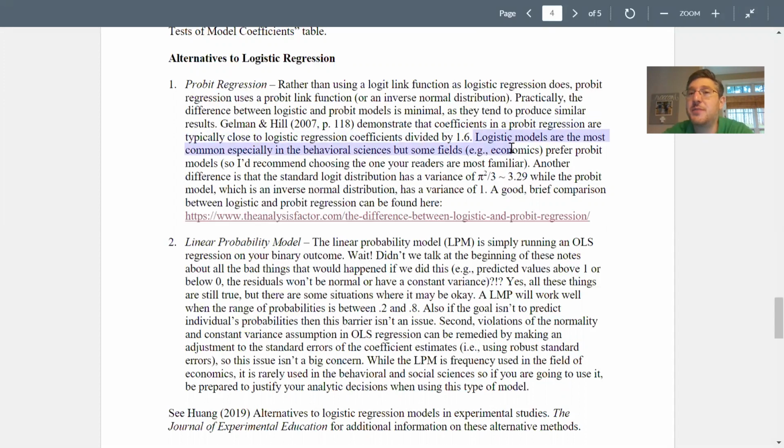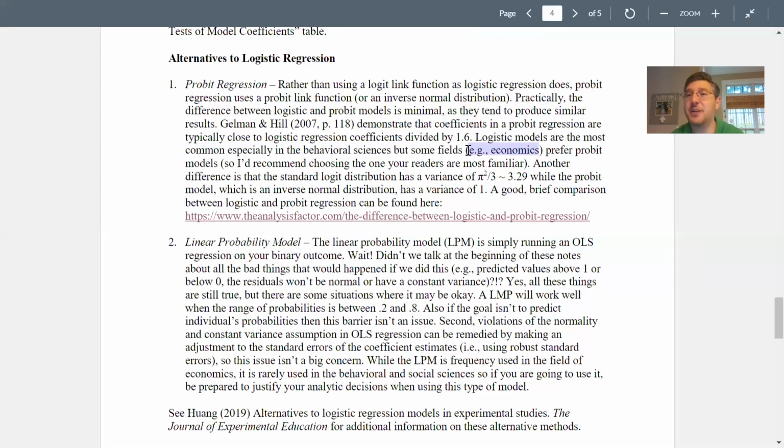Logistic regression models are probably the most common way you'll see binary variables treated or modeled, especially in the behavioral sciences and education and psychology. Some fields like economics use probit models. They prefer probit models.